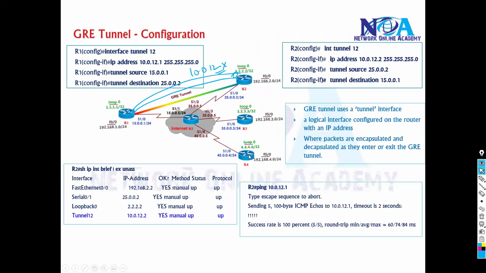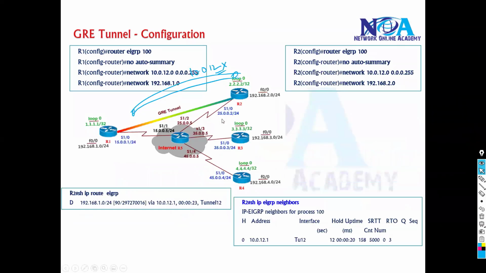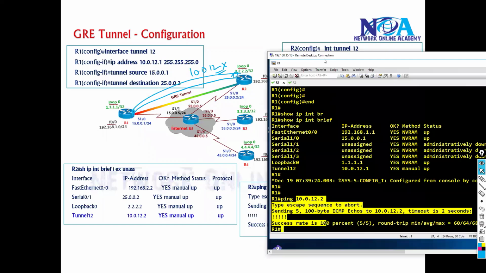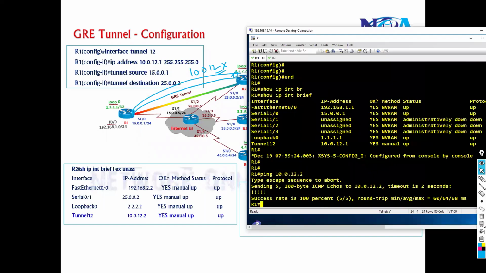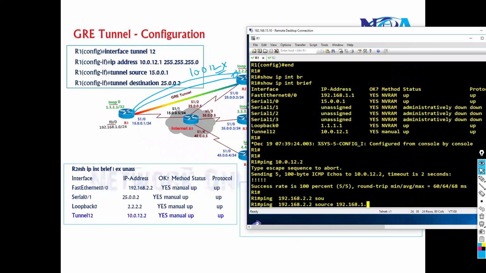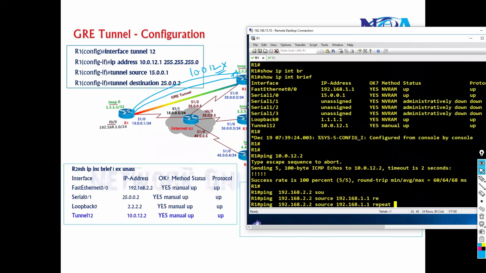So this is the tunnel interface, and once you do this, the last part is to implement some routing protocol on top of it, because even though the tunnel is established and the WAN interfaces are able to ping, there is still no LAN to LAN communication. If you try to ping the gateways, there is no communication here.